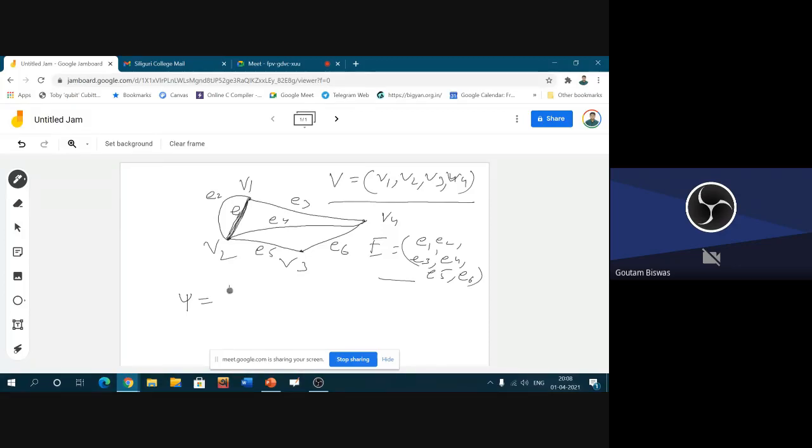So psi of E1 is nothing but the set V1, V2. That means there exists an edge between V1 and V2. And psi of E2 is also the same set, V1 and V2. This may happen in graph theory. Then this is E3, and the psi of E3 is nothing but V1, V4. Understood? In this manner you have to think.